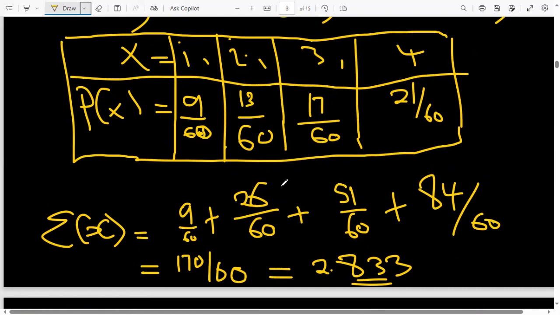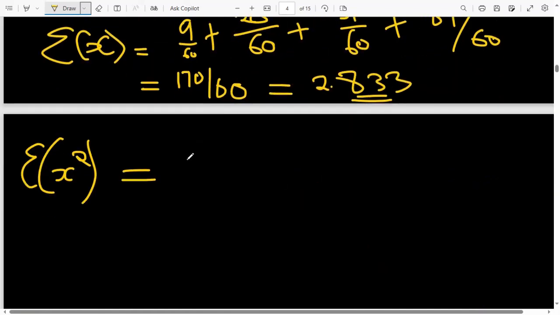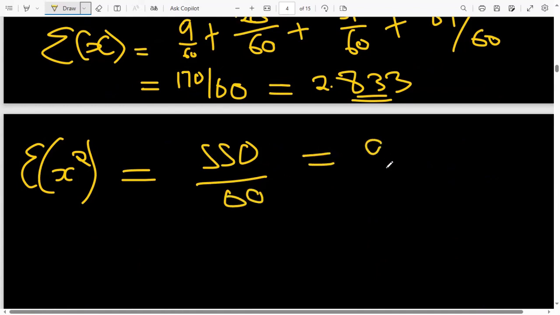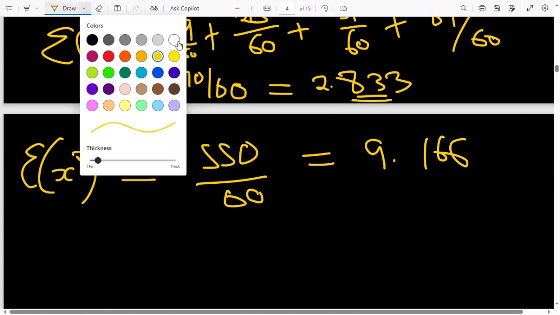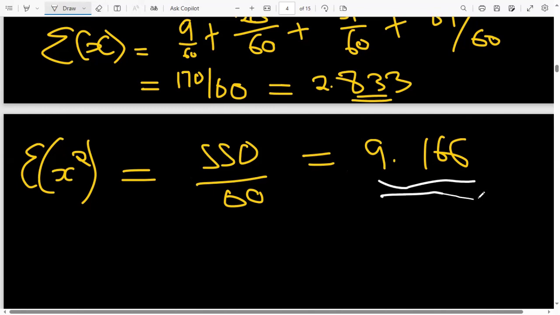So when we do all this, we get approximately this value. We're going to get 550 divided by 60. Okay, and then in decimals it will be 9.166. Not 19 here, it will be 9. Okay, so this is our expected value here.